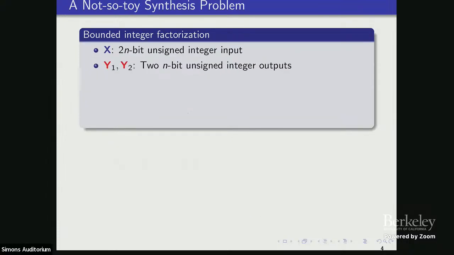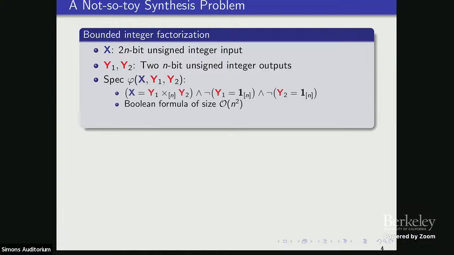And here is a very nice example of this. Let's say my input is a 2n-bit unsigned integer, and I have two outputs, each of which are n-bit unsigned integers. And here's my specification.